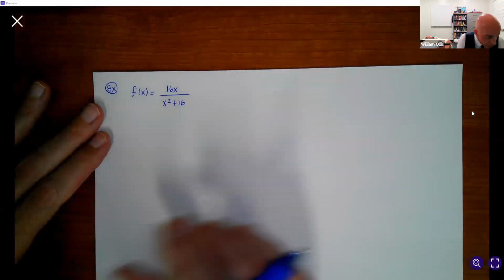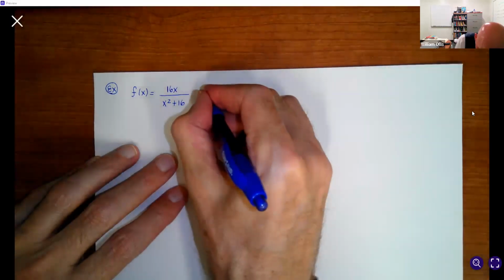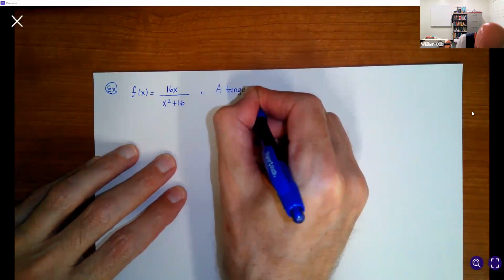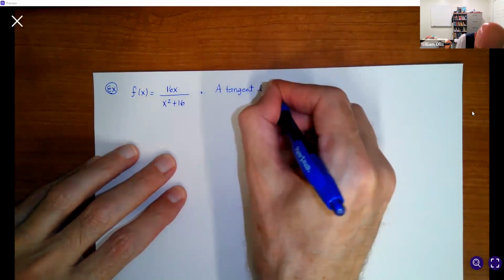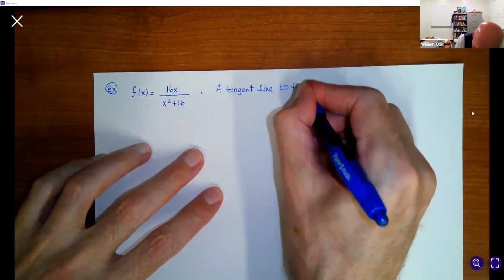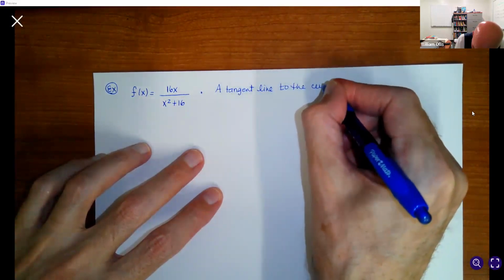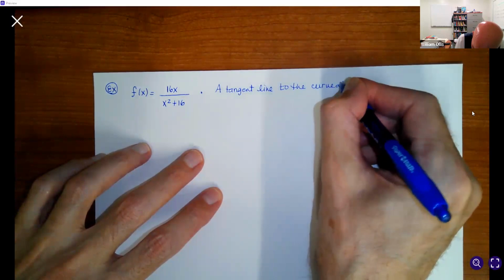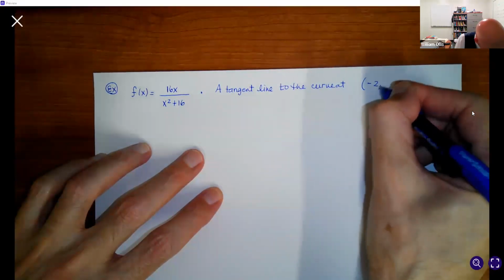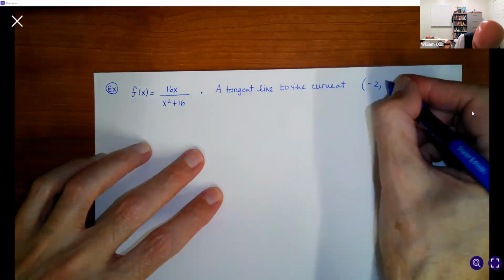Now in this particular example, we want a tangent line to the curve at -2, -8.